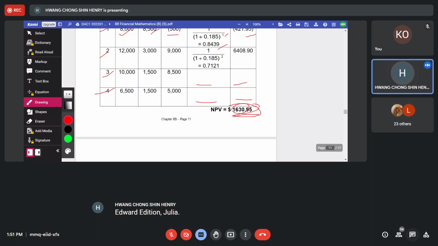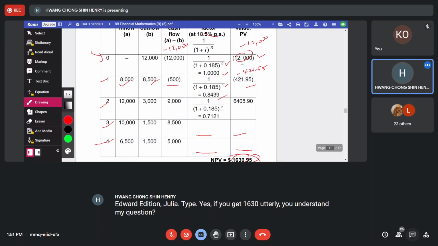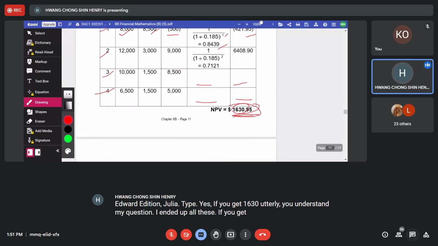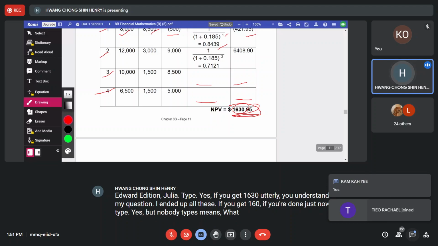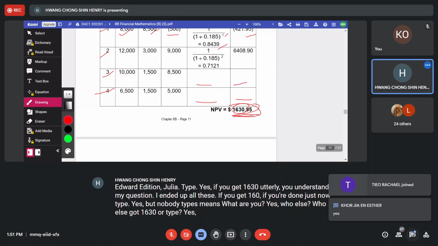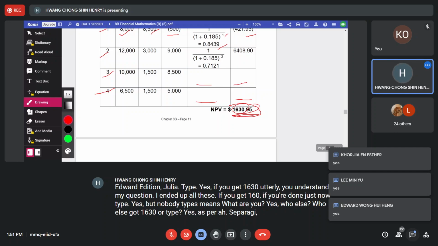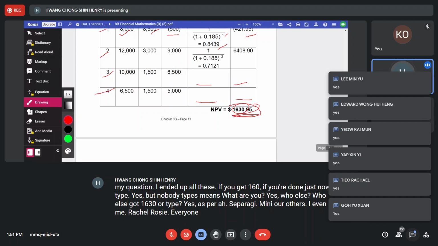Type yes if you get 1630. Adui, you understand my question? I added up all this. If you get 1630, if you're done just now, type yes. Nobody type yes means what? Kai, yes. Who else? Who else got 1630? Type yes. Esther. Who else? Mingyui. How about others? Aiman, Sini, ratio. See, everyone get 1630.